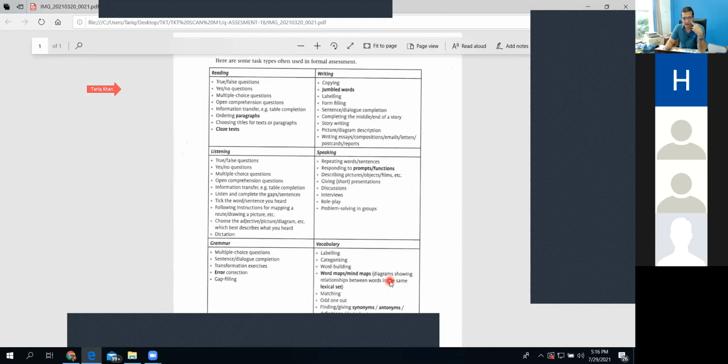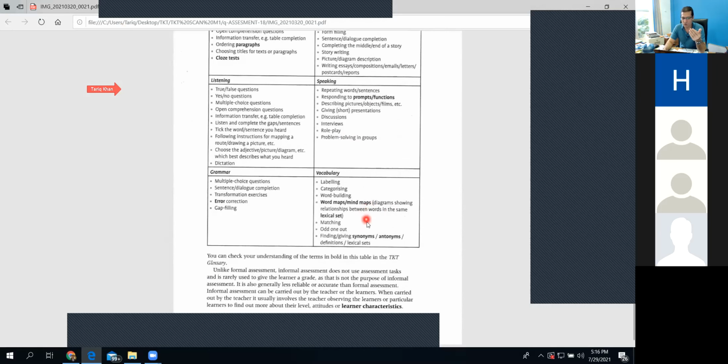Right. These are some task types often used in formal assessment. They have given you in the reading, writing, listening, speaking, grammar, vocabulary, how you do the assessment. Okay. And what are the types of that which we can use. So these are the examples which are given. You can make a list of it. You need to know what you need to learn out of it.